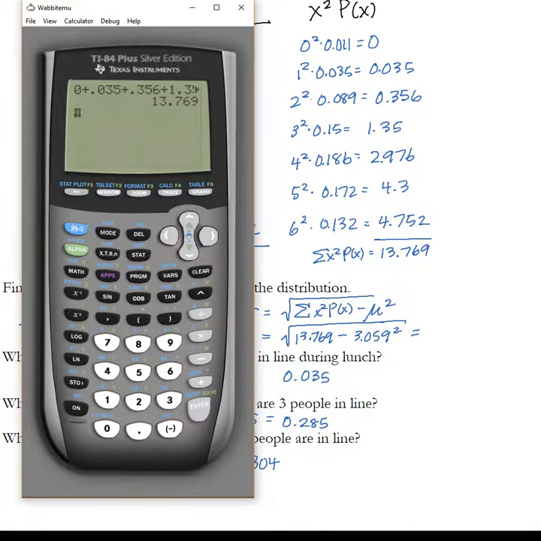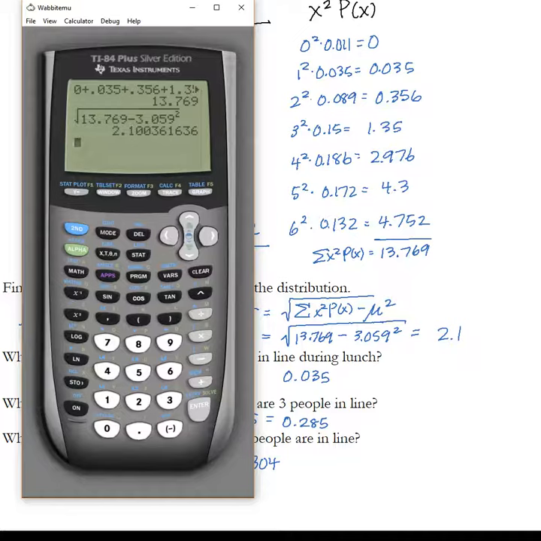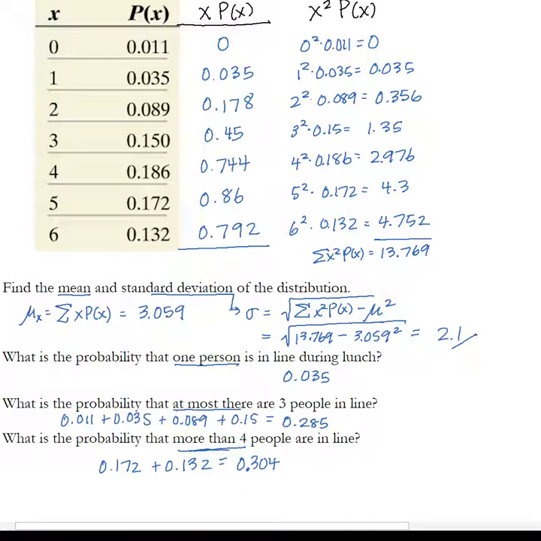So we're going to take the square root of 13.769 minus 3.059 squared. That's the standard deviation. Comes out to be about 2.1. The next two decimal places are 0, so I'll leave it at 2.1. Found the mean and the standard deviation. We also use the probability distribution to make some probabilities here.